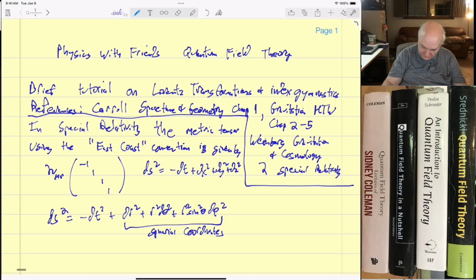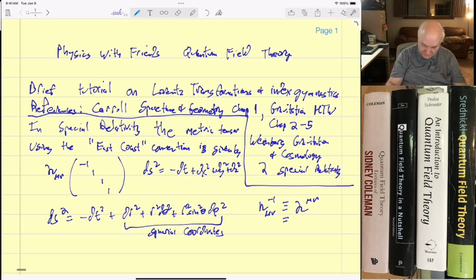Also in Minkowski coordinates, eta mu nu inverse, which we'll denote by eta mu nu, same letter but with upper indices, is the same. They're not only defined the same, but they are the same because the inverse of this matrix is the same matrix.